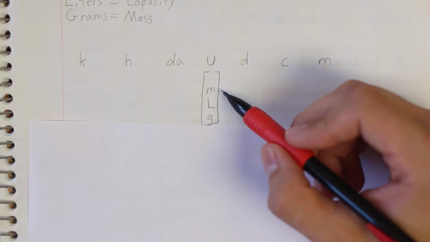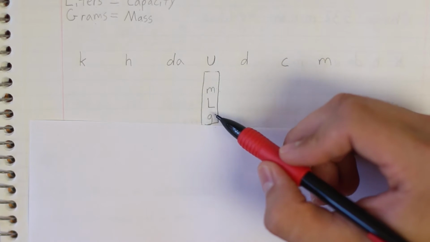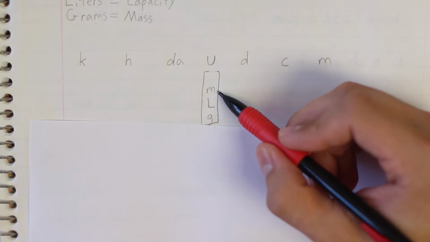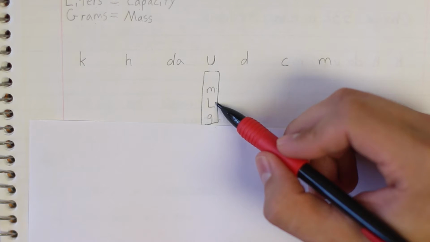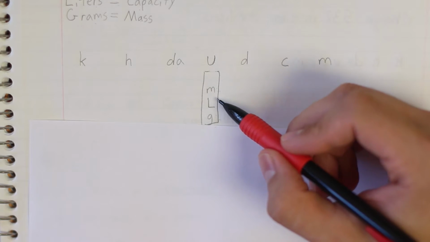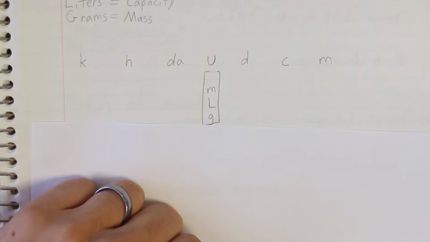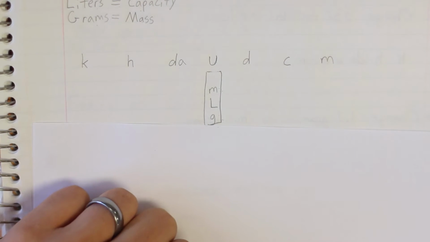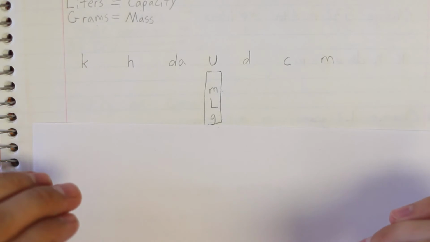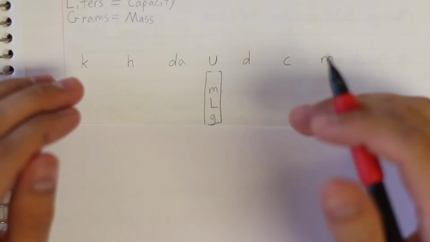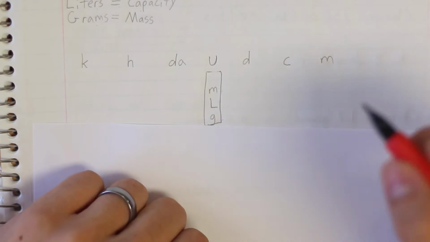Now, something to know is that meters and grams are written with a lowercase letter, while liters is written with an uppercase L. And just to move along this list is the rest of the measurements in this system.